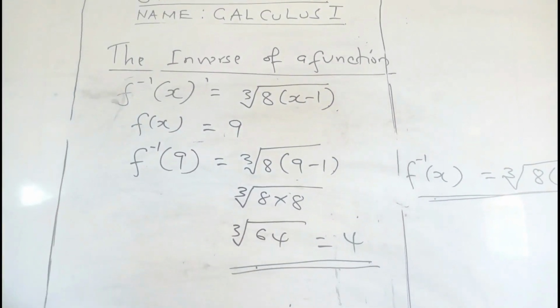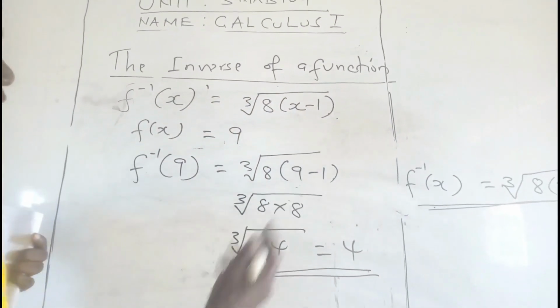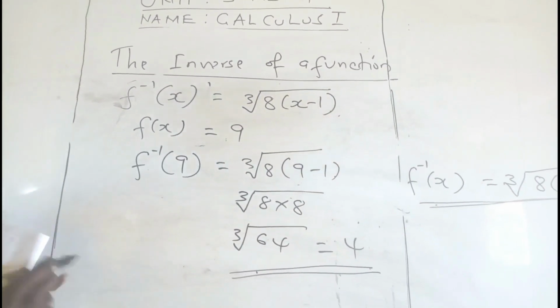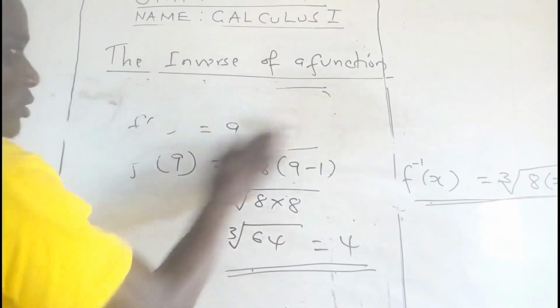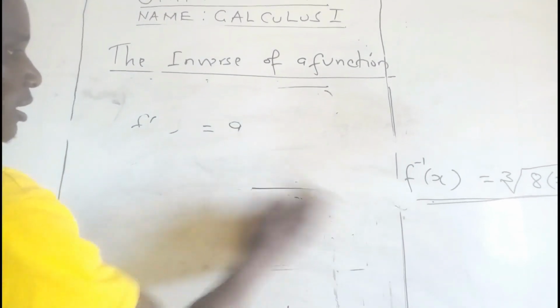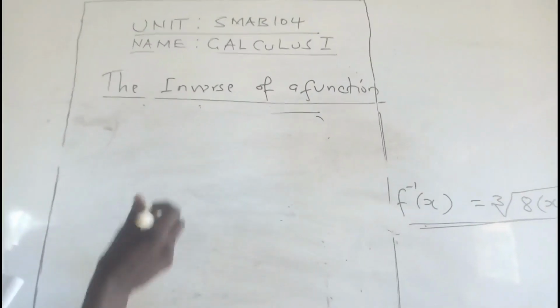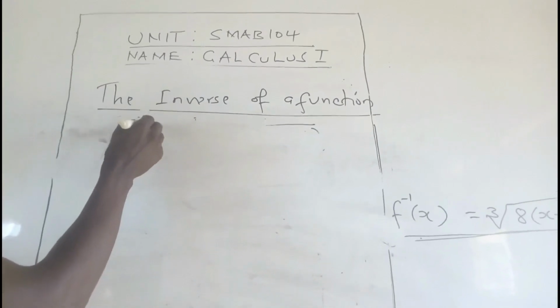So it means that the inverse of a function can give us the domain part of it when you are given the codomain. We can as well prove this by just working it out the way it is. Let's see if we can get 4 when you are given the codomain as 9.